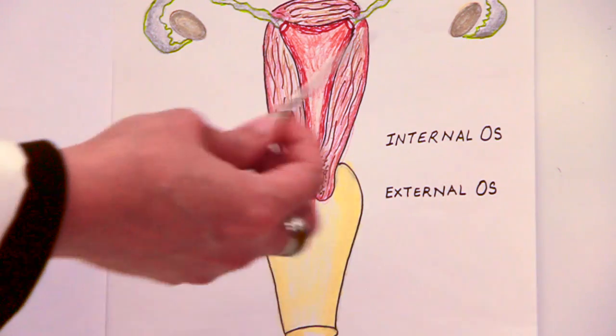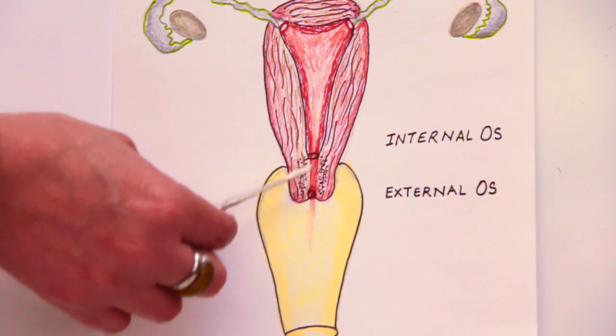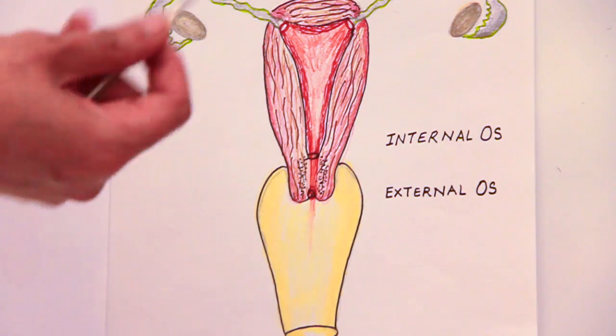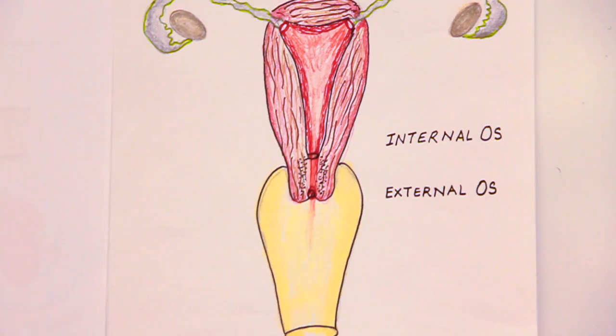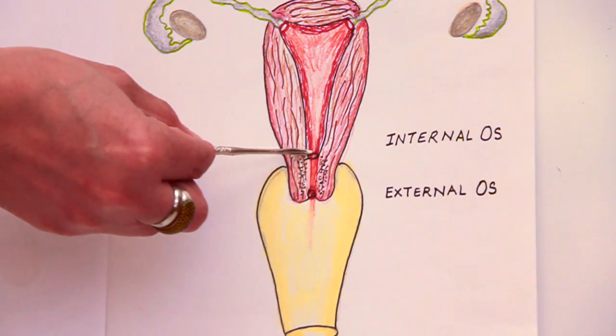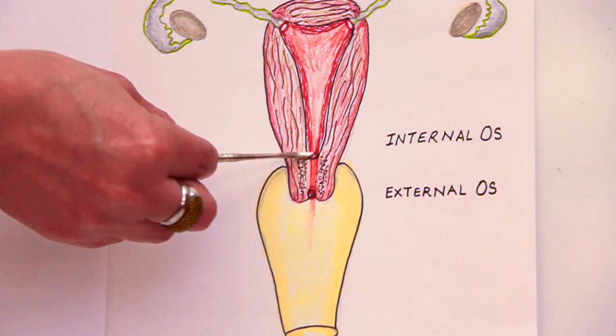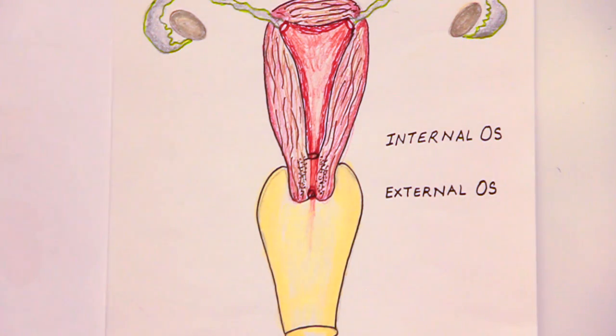Again, in its wall it has 3 layers: the perimetrium, the myometrium, the endometrium, but their configuration, the histological composition, is different, as I just mentioned. It begins from the internal os and ends at the external os. And remember, I told you that the cervix is actually protruding into the vagina.